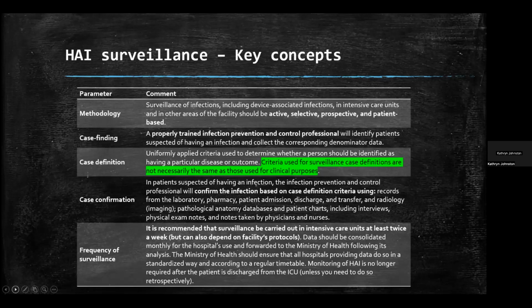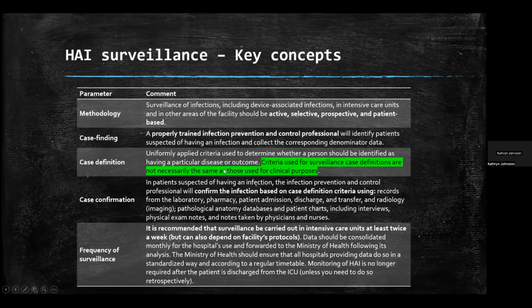But case definitions, this is the most critical point here: you have to have criteria that are uniformly applied, and that is part of the training for persons who are going to be doing HAI surveillance. It's important that they understand how to review the charts, how to look at the clinical information and the diagnostic information, and determine whether or not they meet the criteria.